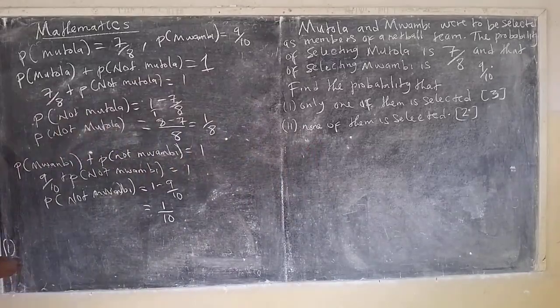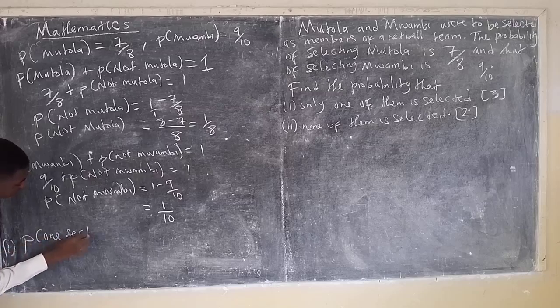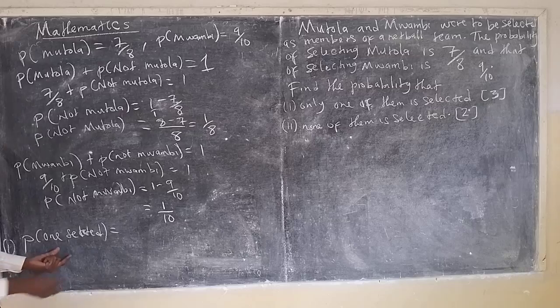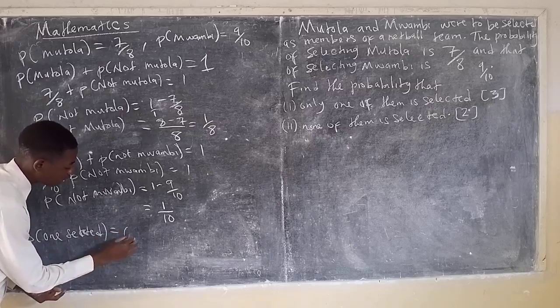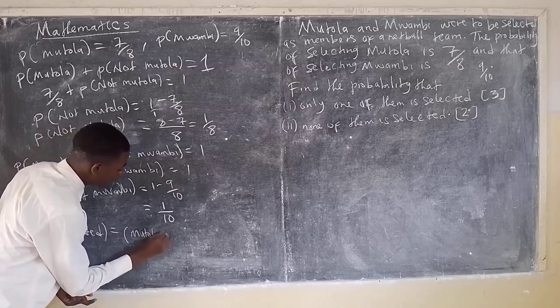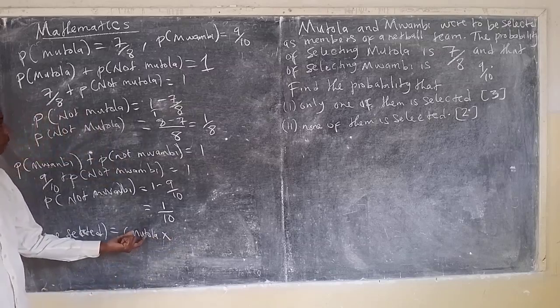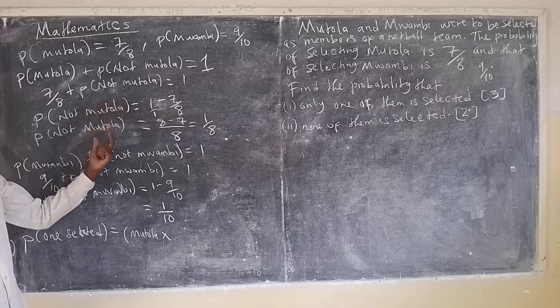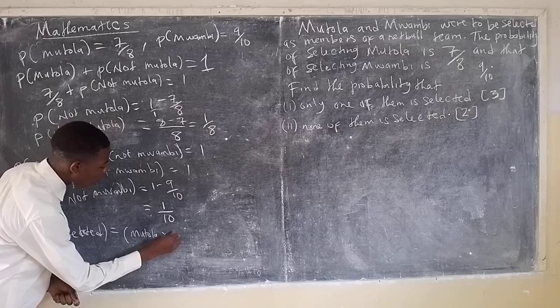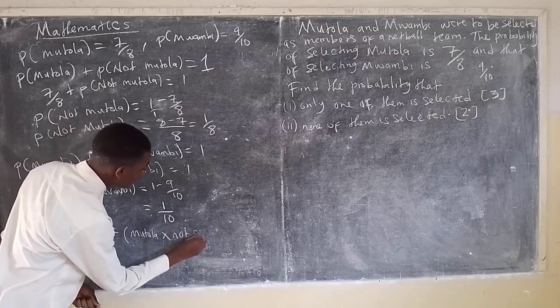Therefore, the probability of one selected will be equal to the probability of selecting Mutola times the probability of not selecting the other one, because only one can be selected.